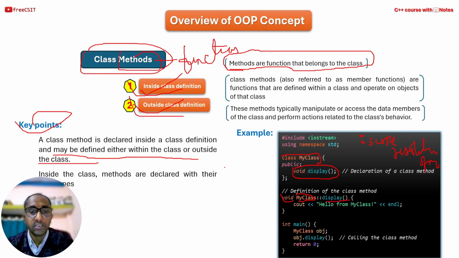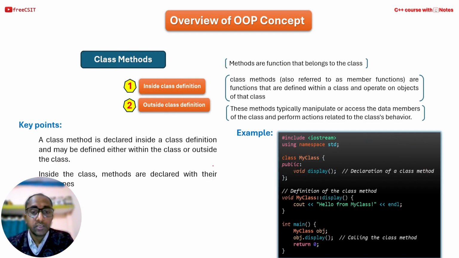You can see here display, and you can print the message here. Then you need to create an object, and with the object you can call the function display. So you are just calling the class method.